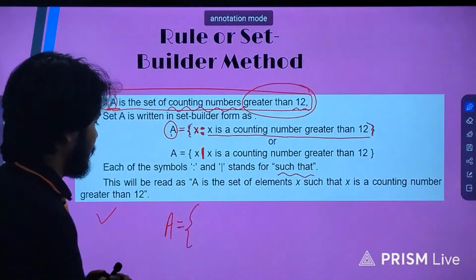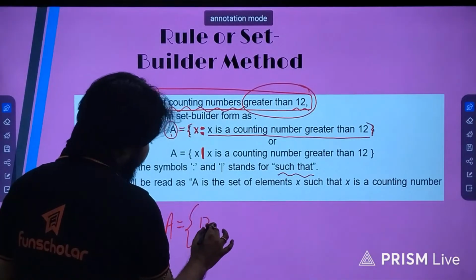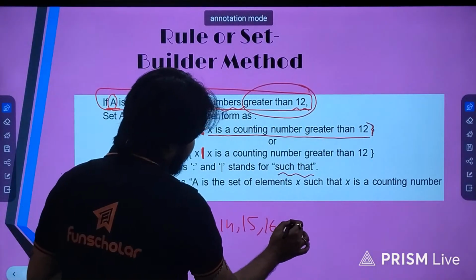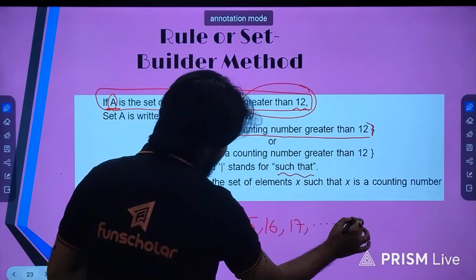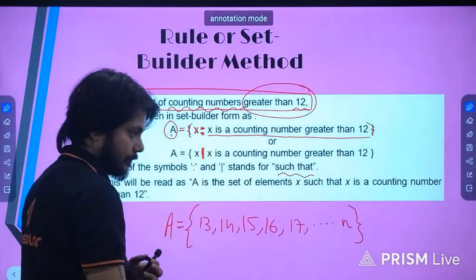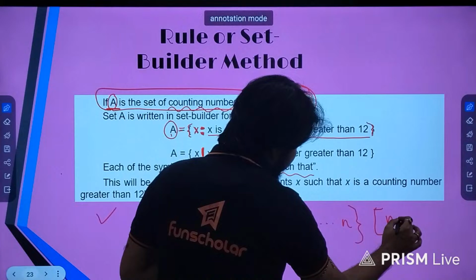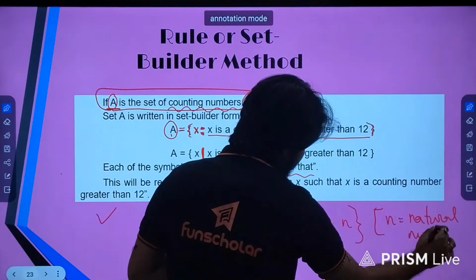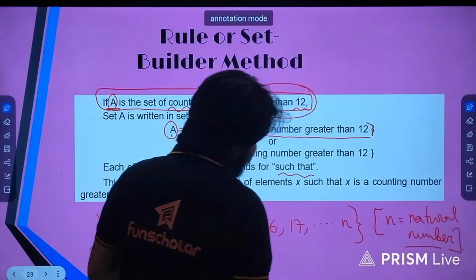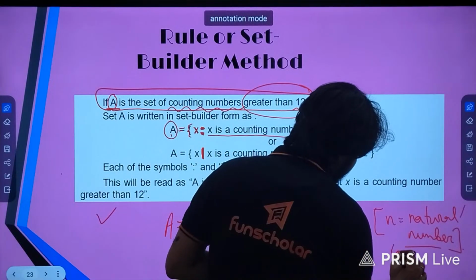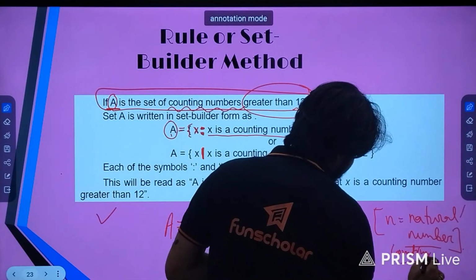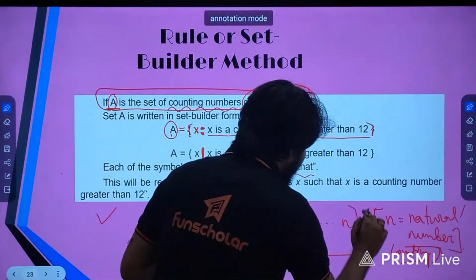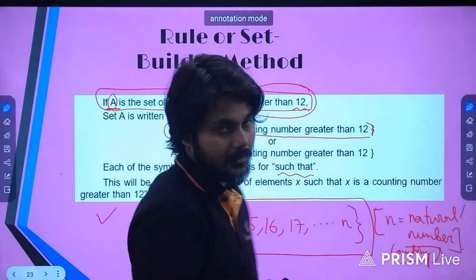Tell me. Greater than 12, so write 13, 14, don't say 15, 16, 17 and so on, write n, where n equals a natural counting number. Okay, you can write this, or I will say, note down this.